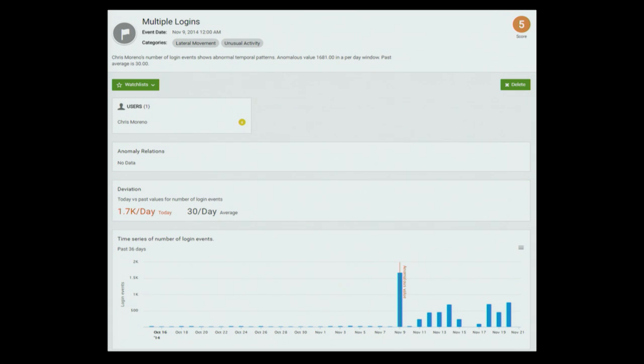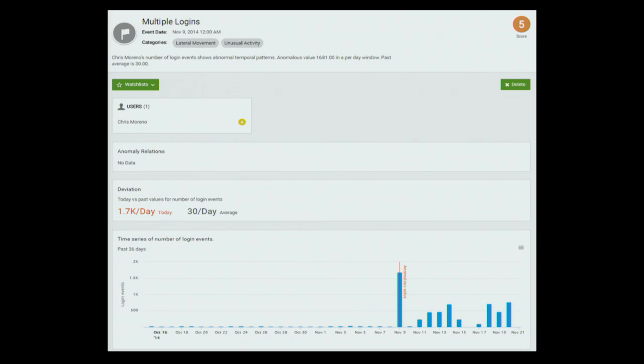The lateral movement stage. So when this account has potentially been hijacked and the data is showing us that it was. Here you can see on the graph at the bottom, it's normal for Chris to log in about 30 times a day, locks and unlocks his computer 30 times a day, and then suddenly there's a spike of 1,700. Now again, on its own, that might be an indicator of misconfiguration, of a user who's really, really bad at remembering their password.